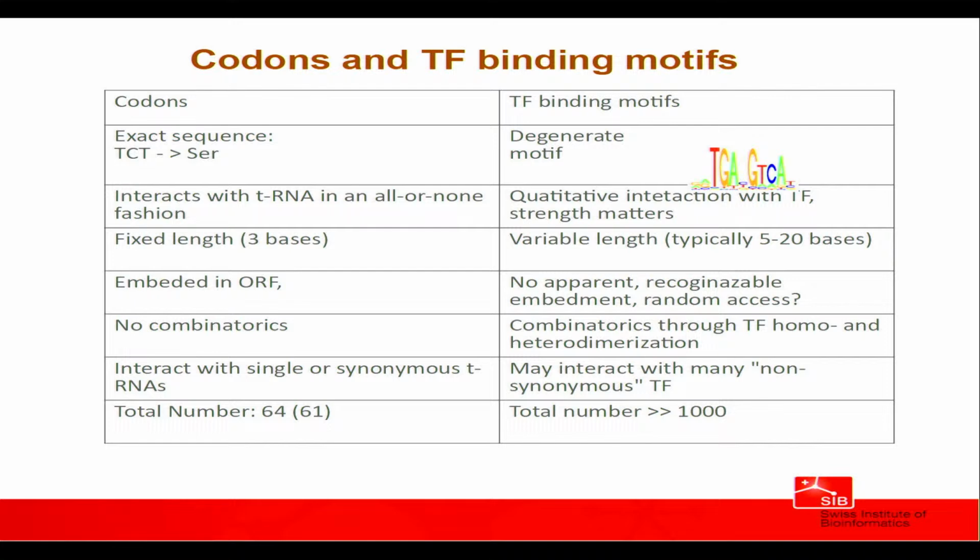The length is somewhat different: the length of the codons is fixed, and transcription factor binding sites are 5 to 20 bases. Codons are embedded in an open reading frame. The embedment of transcription factor binding sites is not obvious. Maybe the mechanism is random to access them.